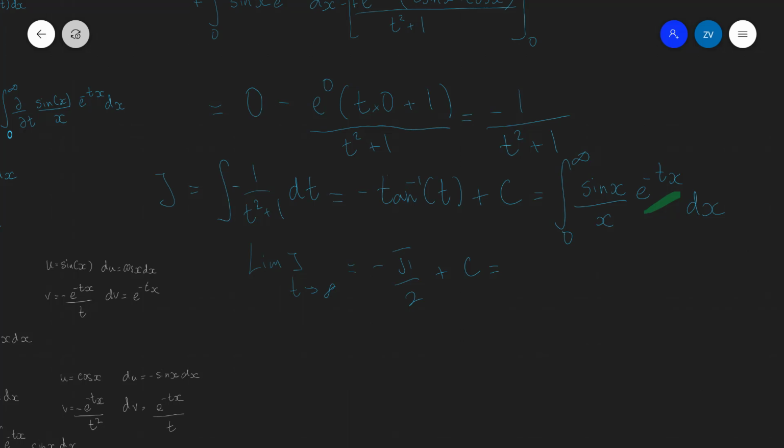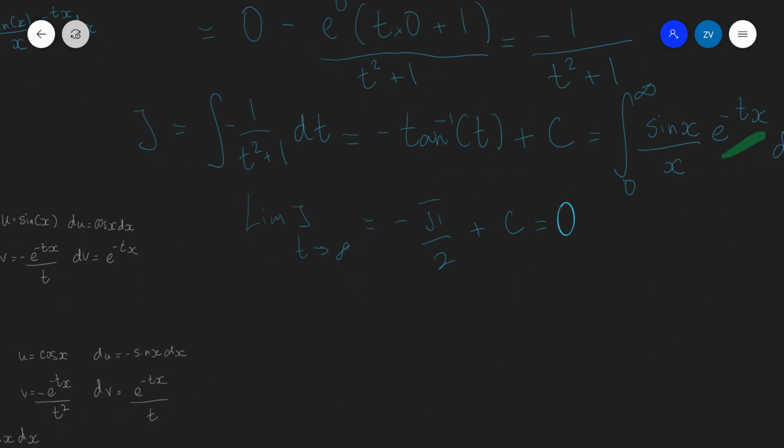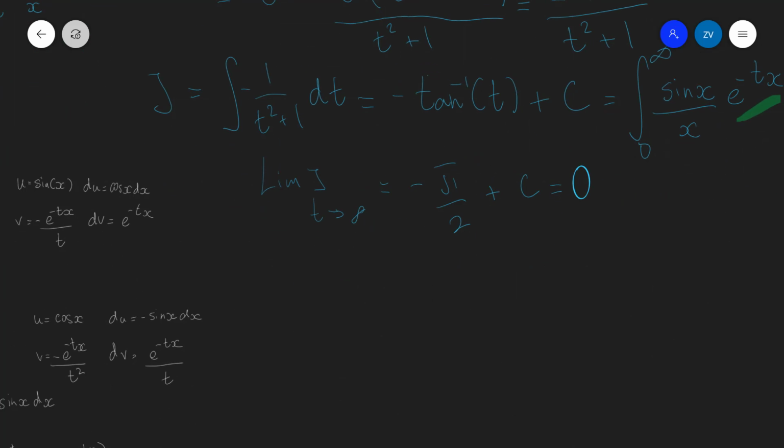And if this part is tending towards 0, then once we integrate that, it will be the dominating part of this integral, and this whole right hand side will be tending towards 0. So this integral is now turning into a pretty simple function. Finally, in fact, we can simply say that our constant is equal to pi over 2.